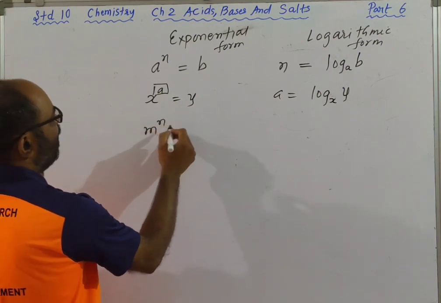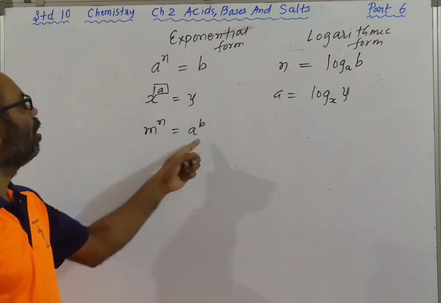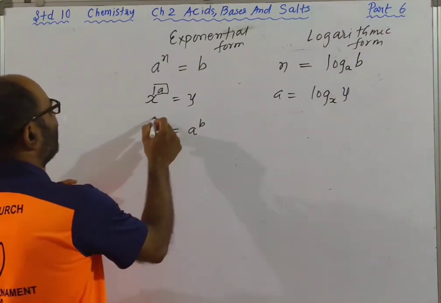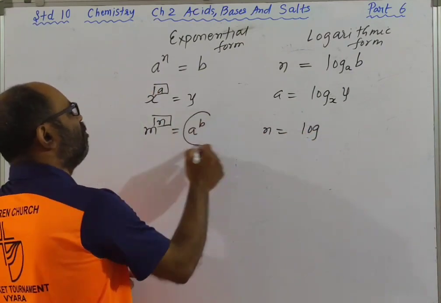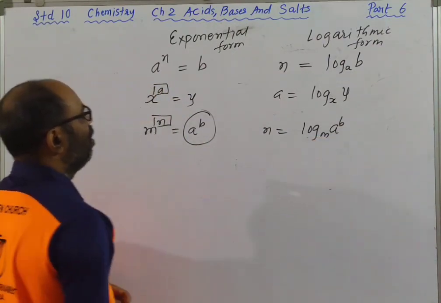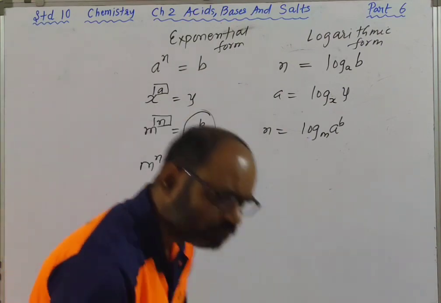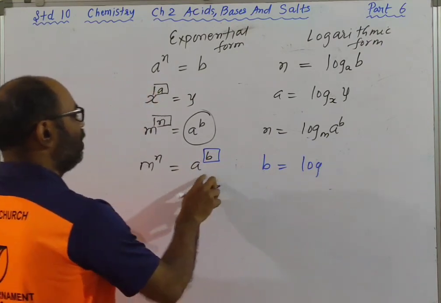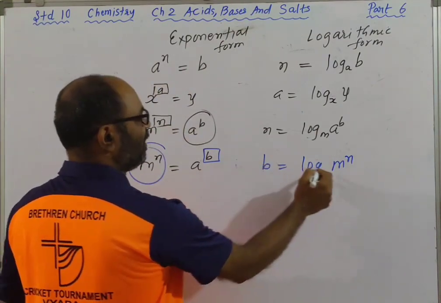m raised to n is equal to a raised to b. My God, here there is a power on both sides, so what will we do? Take any one index. Okay, left hand side index n is equal to logarithm of value. This is the whole value, so I'll write a raised to b to the base m. If you want to choose this index instead, you can say b is equal to logarithm; the whole value of a raised to b is m raised to n, so write m raised to n and here the base a.